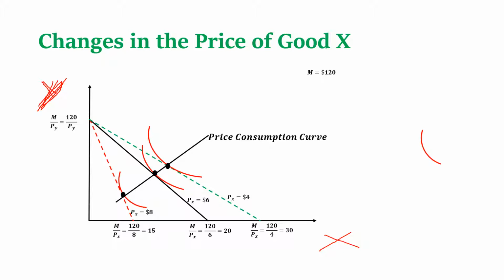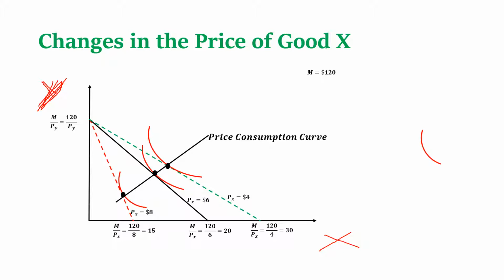This is different from this one, because here we are only looking at the price of a single good. We are not looking at the price of X relative to the price of Y, okay? So we are only looking at the price of X.